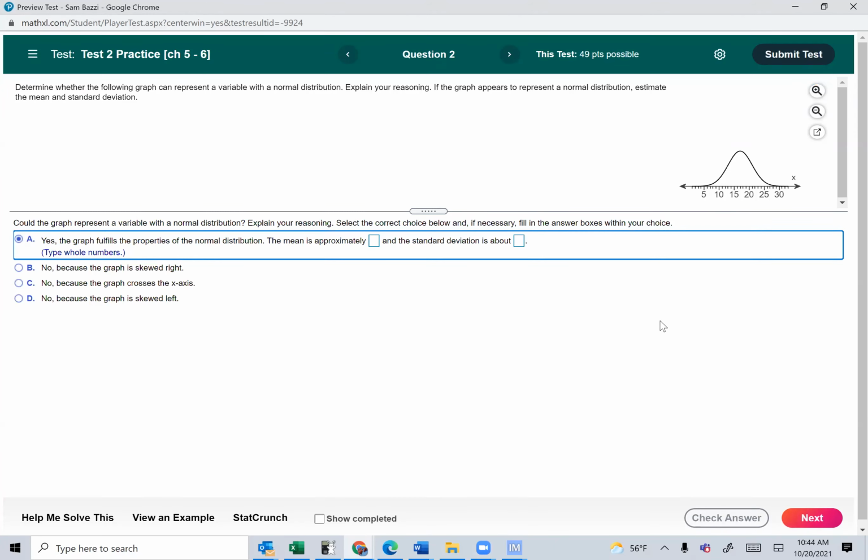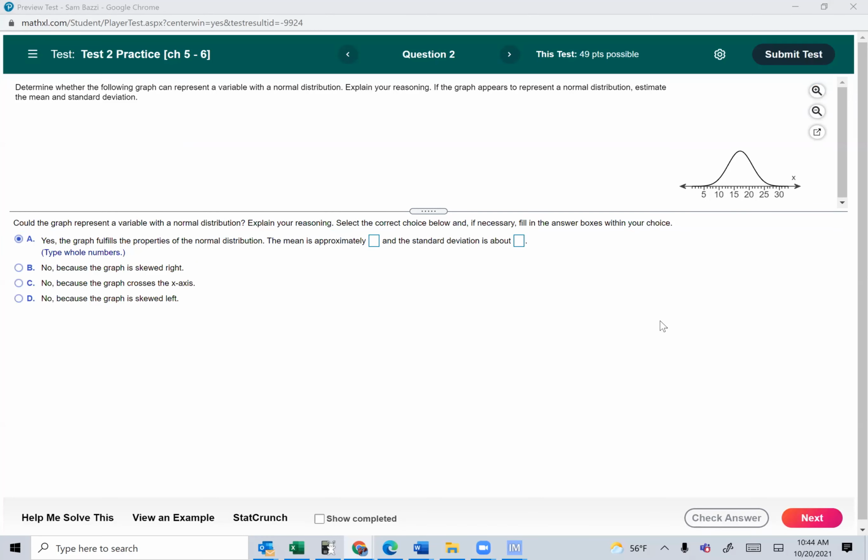Well, what kind of curve? I might give you something like that. This is just a question that I gave guys last semester. I gave this curve and I asked the students if this depicts the normal curve. You have to say no, because the tail goes below the x-axis, the horizontal line. It shouldn't.